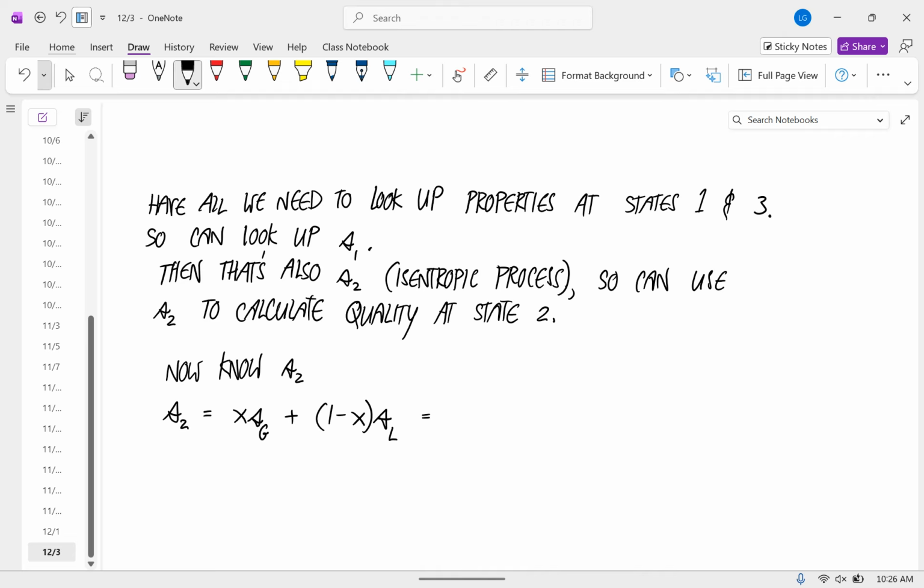And so this gives you, let's see. Well, let me write it down here. 5.7432 times 10 to the third is equal to X times the specific entropy for the saturated vapor, 8.2287 times 10 to the third, plus the quantity 1 minus the quality times the specific entropy for the saturated liquid at this pressure.